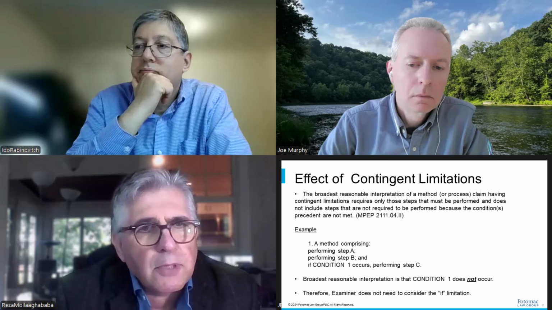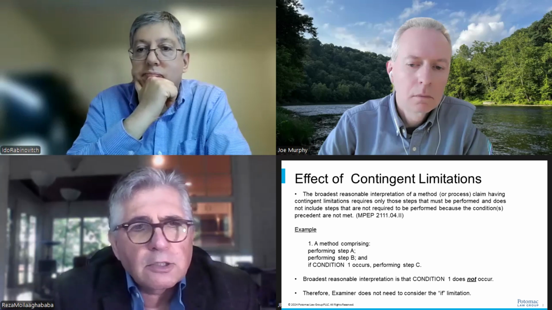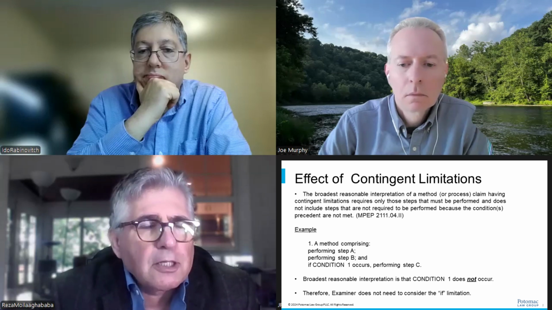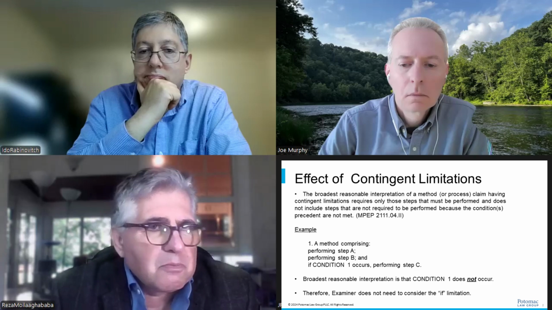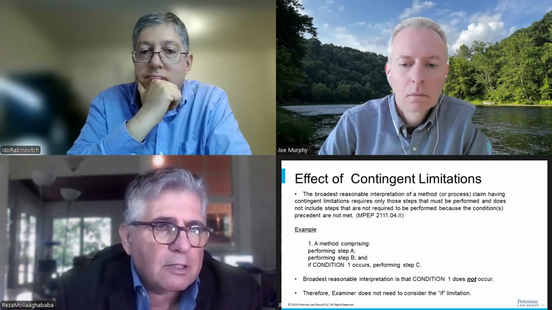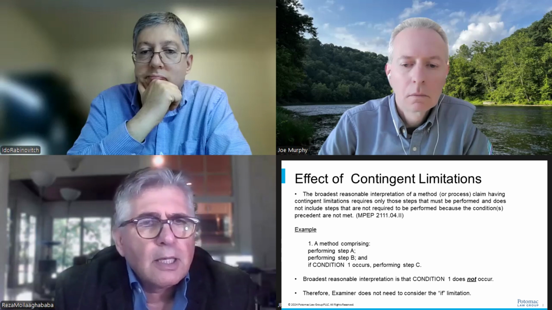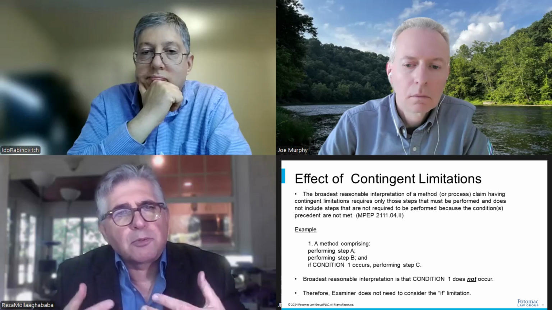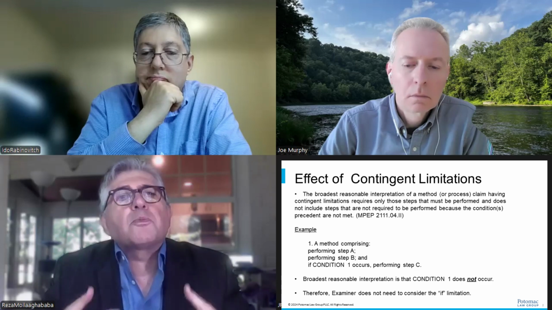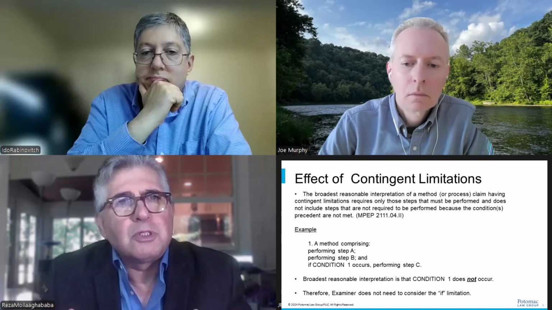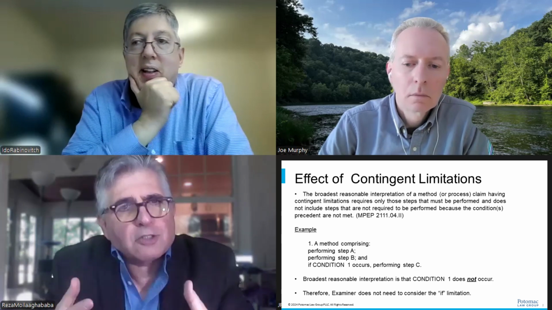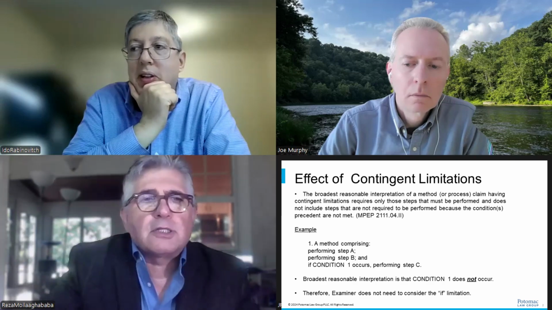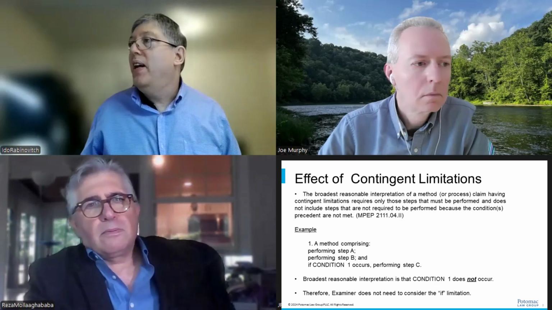But in the context of a pure method claim, as you said, the condition may never occur, and therefore the examiner says, well, I'm not going to give it any weight. But to deal with that contingent limitation in the context of an apparatus or a processor, you still need to program the processor to deal with that contingency. So that structure is present in the apparatus. So they need to give it weight, but not necessarily here. That's my next slide.